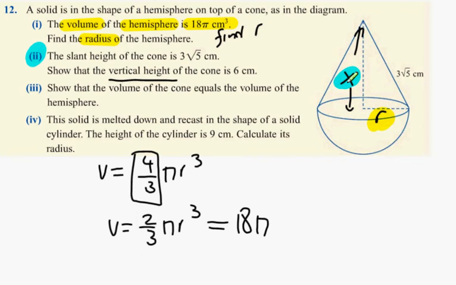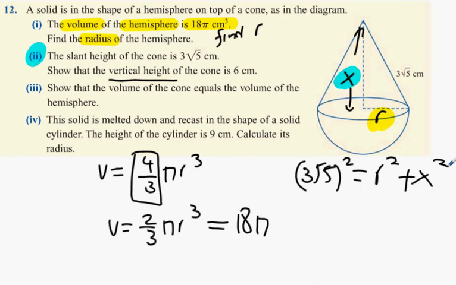You use Pythagoras' theorem, okay? So you basically say the longest side, 3 root 5, squared, equals the radius squared, which you got from part 1, plus x squared. And you're looking to find out what x squared is. Everybody on board with that so far?